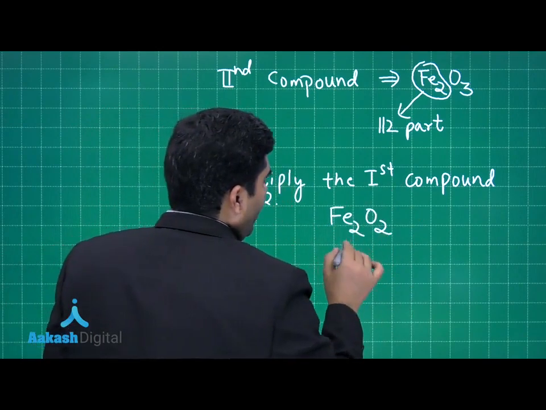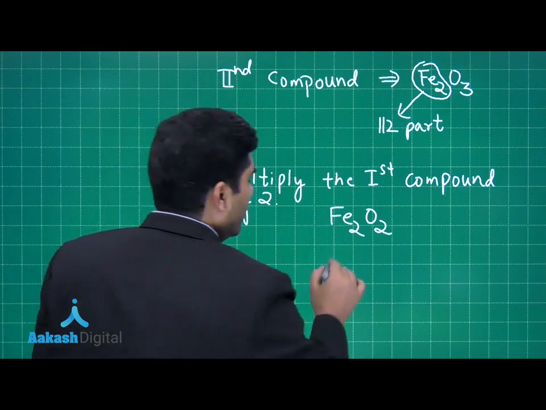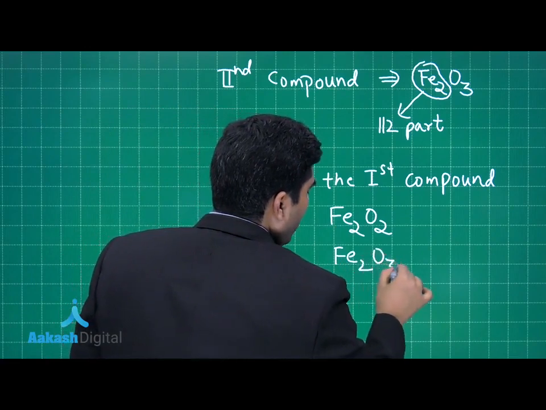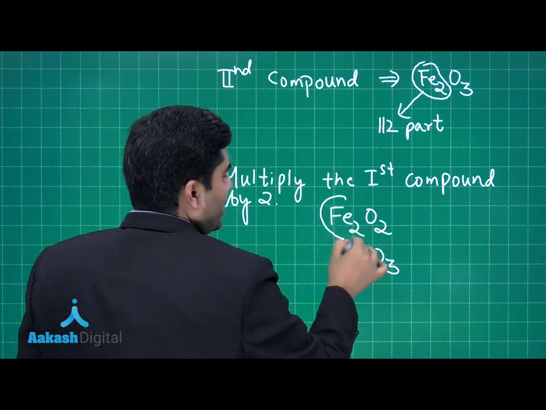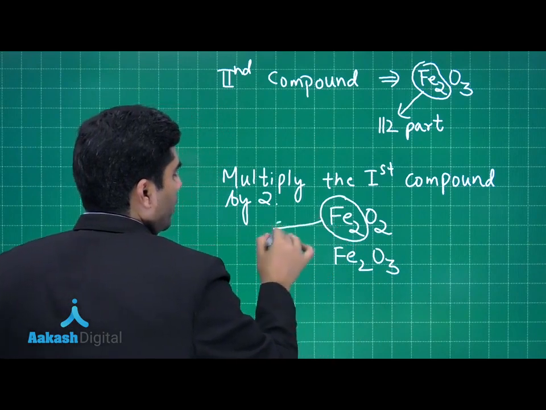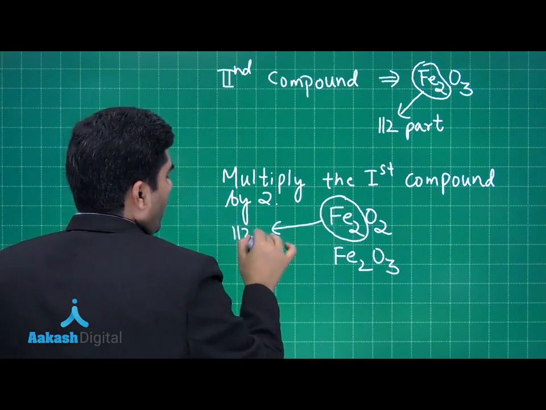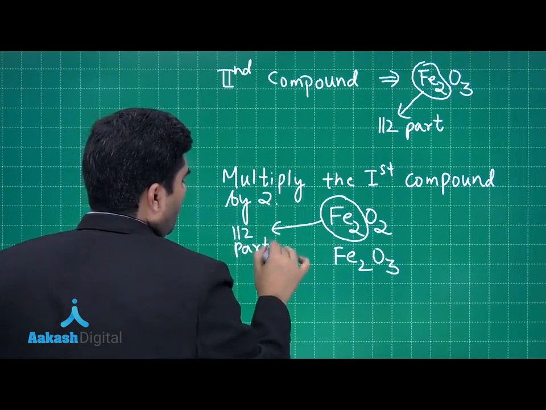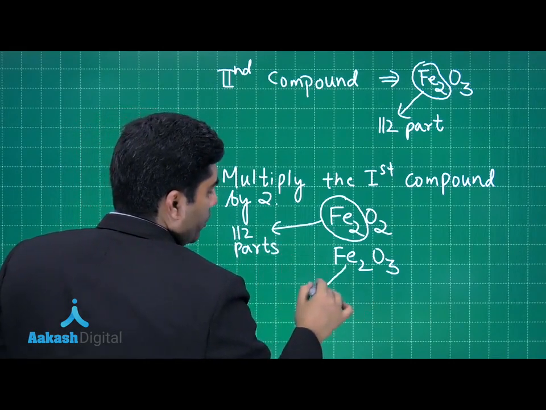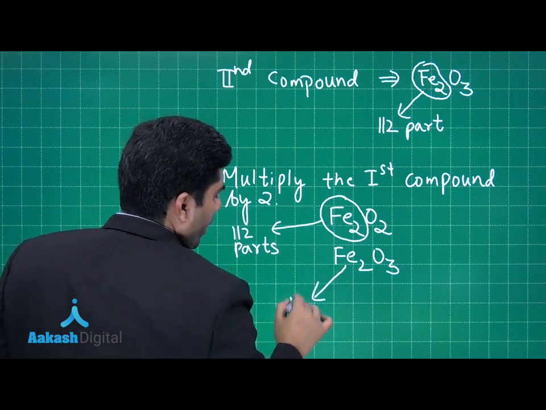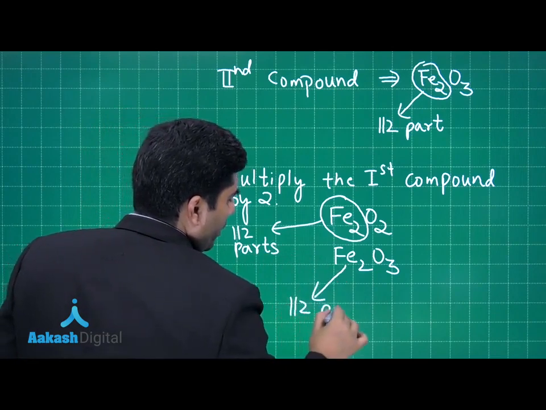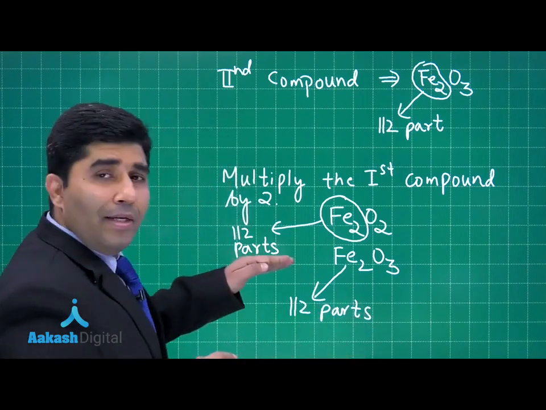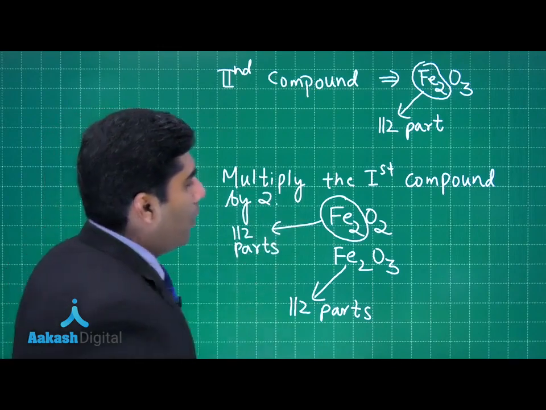Now comparing Fe2O2 with Fe2O3. In this case, this is 112 parts, and here also it is 112 parts, right? Now iron is equal, we can take the ratio of the oxygen.